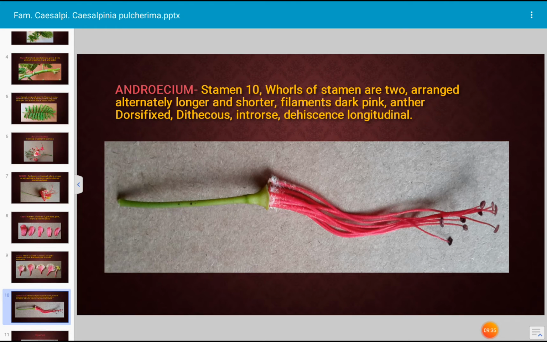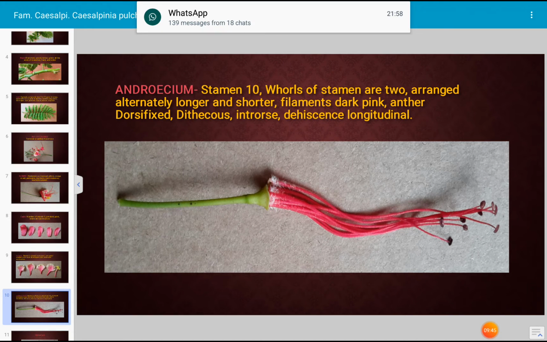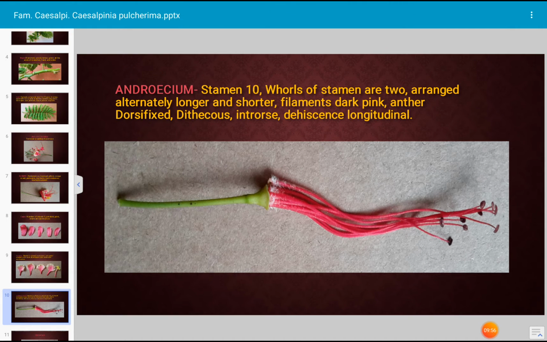That means the anther lobe at maturity opens towards the center of the flower, releasing pollen grains toward the center. How is the dehiscence of the anther? Longitudinal dehiscence is present in Caesalpinia pulcherrima, family Caesalpiniaceae.